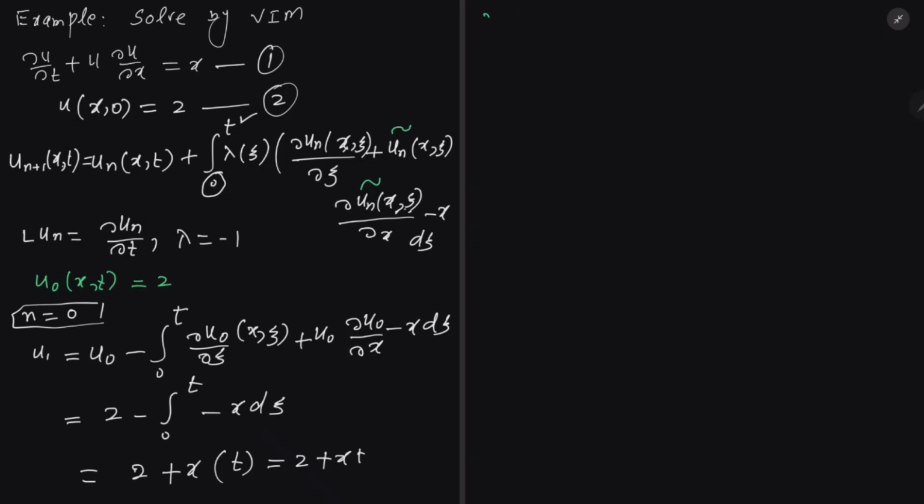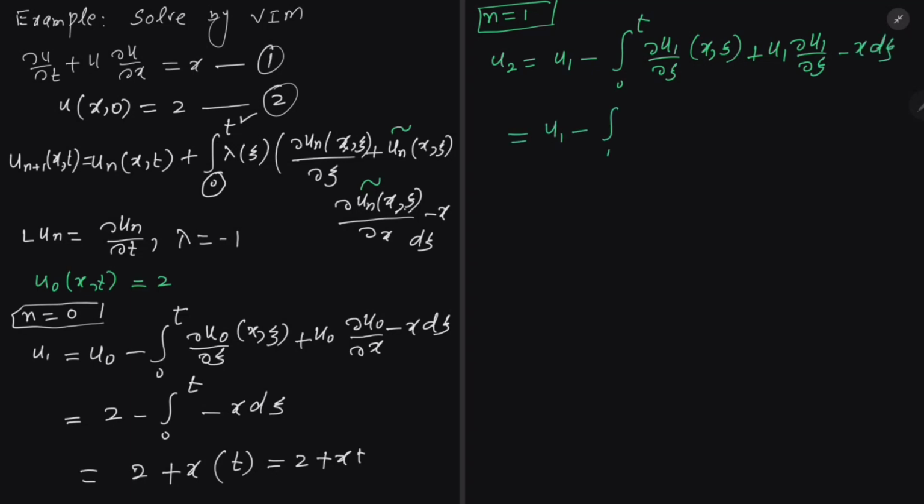Next, for n is equal to 1, we have u2 equals u1 minus the integral from 0 to t of partial u1 by partial xi, replacing t with xi, plus u1 partial u1 by partial x minus x dxi.